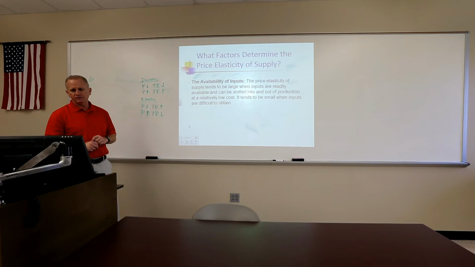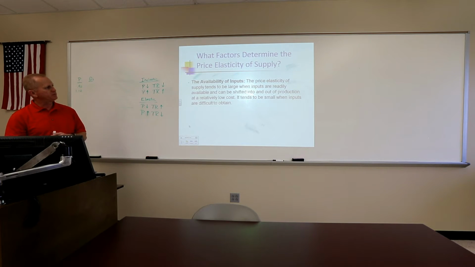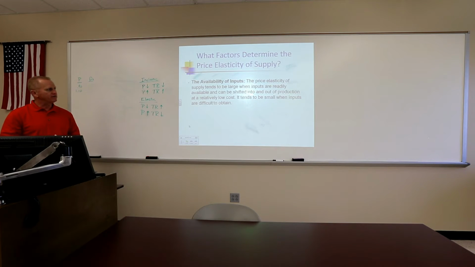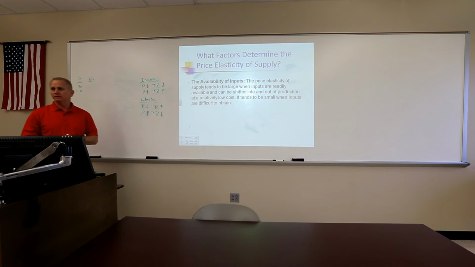What other factors? The availability of inputs. The price elasticity of supply tends to be large when inputs are readily available. It means greater than 1, and can be shifted into and out of production at a relatively low cost. It tends to be small, meaning that it's less than 1, when inputs are difficult to obtain.